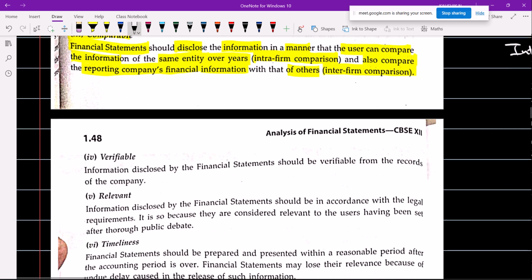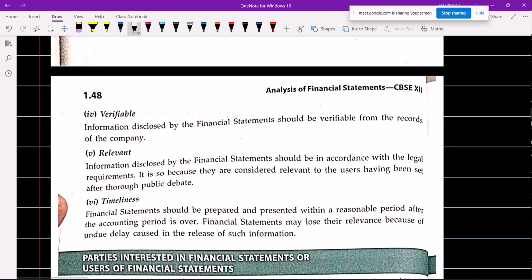It must be comparable. The next is the verifiable objective. Last year I learned something called verifiable objective. Whatever information you disclose in the financial statement should be verifiable from the records of the company. Without verifying the records, you cannot present anything in your financial statement.